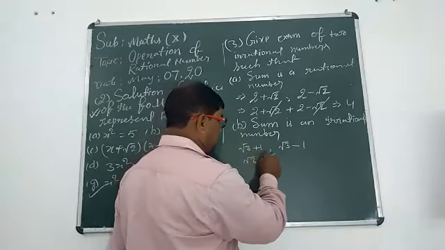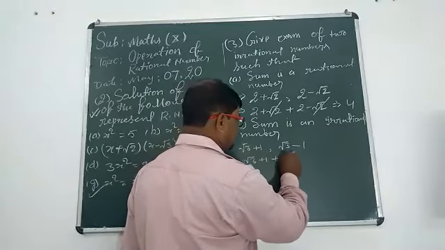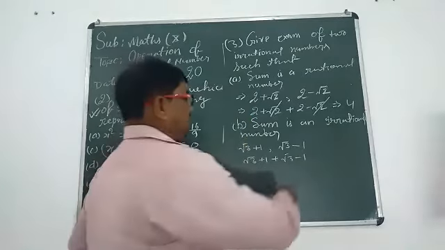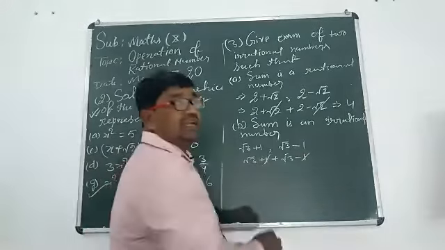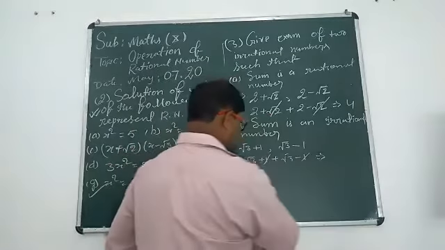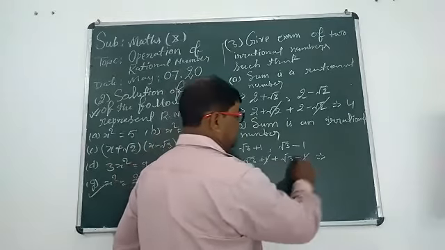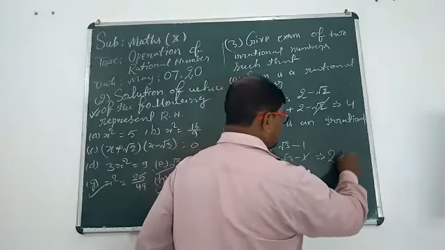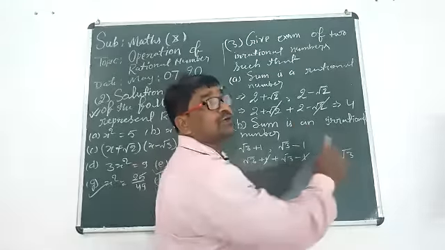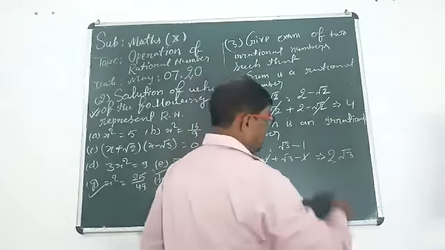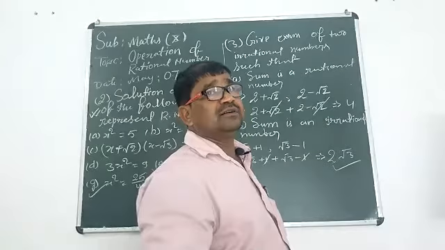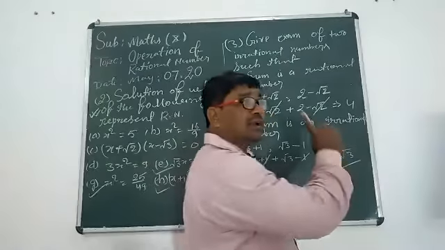Under root 3 plus 1 plus under root 3 minus 1. Minus 1 and plus 1 cancel together. Now your result is under root 3 plus under root 3 equal to 2 under root 3, just like x plus x equal to 2x. Now this number is irrational.